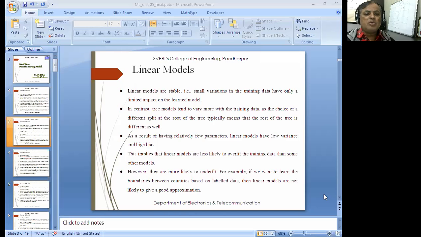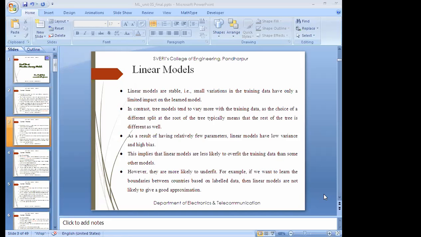In contrast, tree models tend to vary more with the training data.